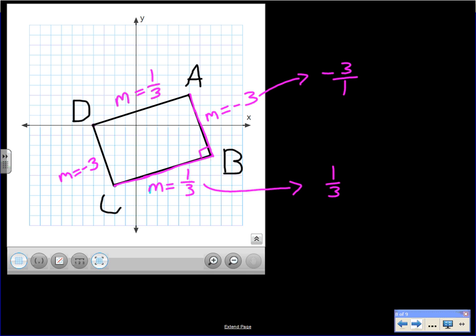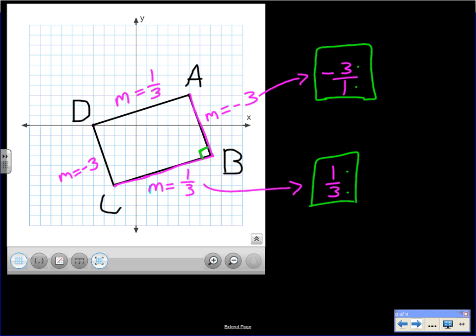Well, the top one's a negative, that one's a positive, so they're opposite of each other. So far, we've met that requirement. And are they reciprocals? Well, 3 over 1, if you find the reciprocal of that, is going to be 1/3. So therefore, we have perpendicular lines that make a right angle there.